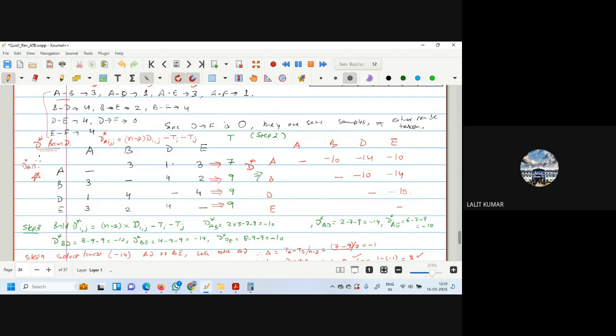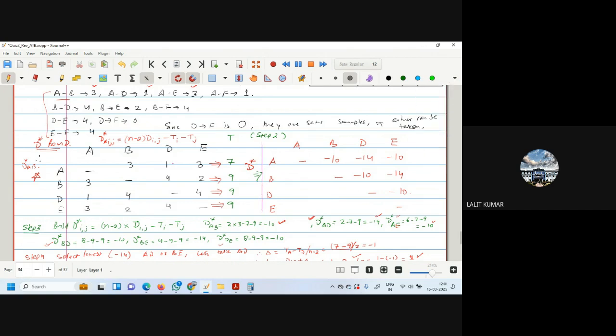So here you will get minus 10. Similarly, you find for all the entries: D star AD is minus 14, D star AE is minus 10. So this is your D star matrix.